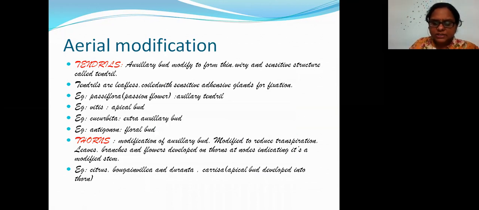In a lemon plant, you can see there are a lot of thorns. If you have a lemon plant at home, go and see, the thorns develop only in the axillary bud. Like that, Duranta, Carissa. So I have given you here, students, bougainvillea, citrus, Duranta and Carissa, which have thorns that are modified axillary buds.